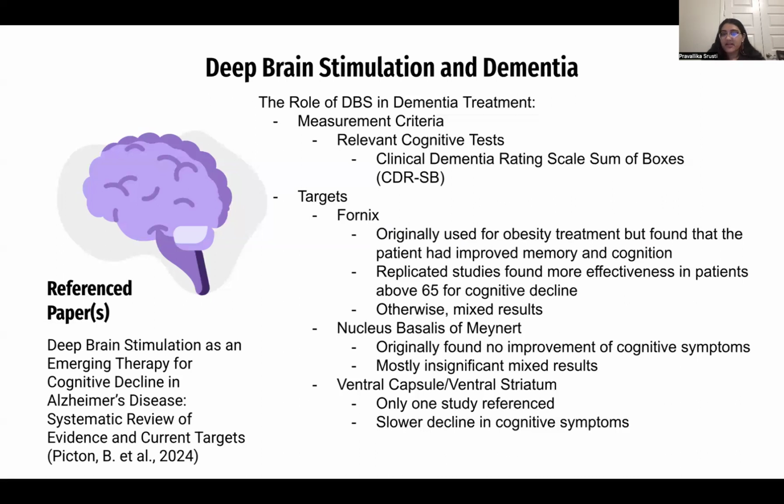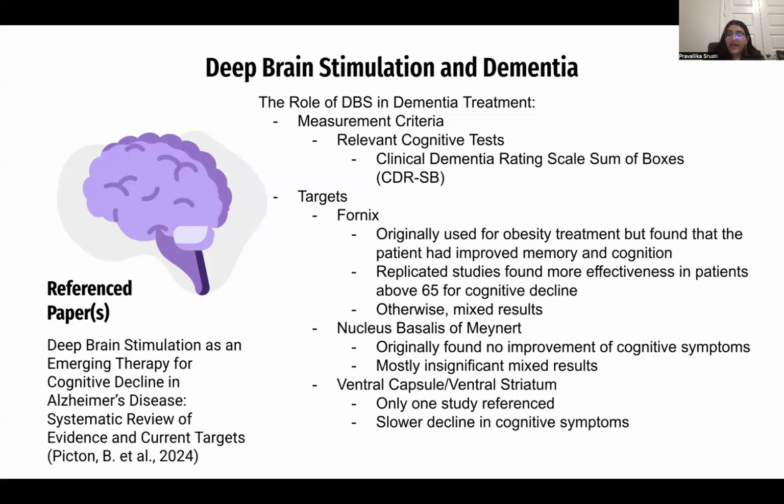Along with that, they also looked at the impact of deep brain stimulation on the nucleus basalis of Meynert, and they found that when they originally tried it, there was no improvement of cognitive symptoms. Regardless, there have been more replicated studies, and they found very mixed results. Once again, nothing concrete.